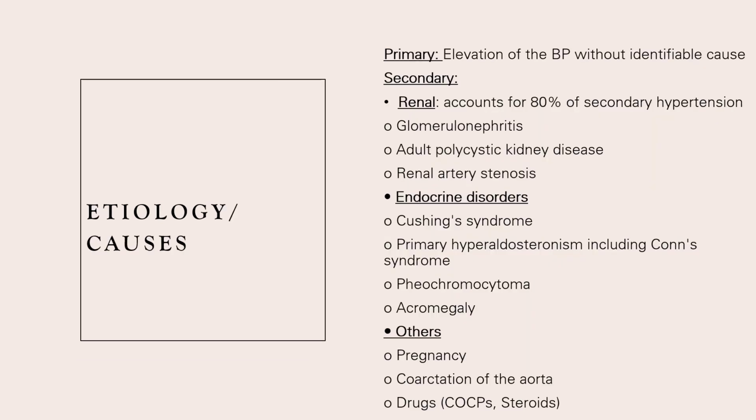Moving on to the etiology or causes of hypertension, it can either be primary, in which there is no identifiable cause, or secondary, in which the renal system, which basically regulates the blood pressure of the body, accounts for 80% of the cases of raised blood pressure.